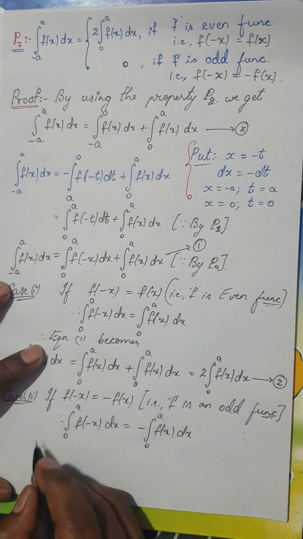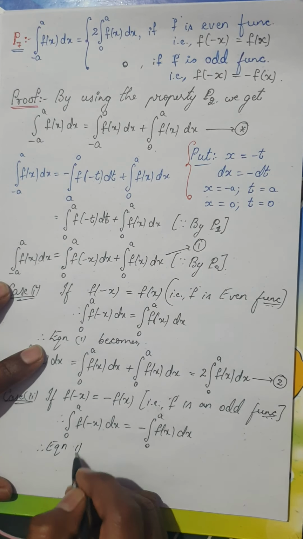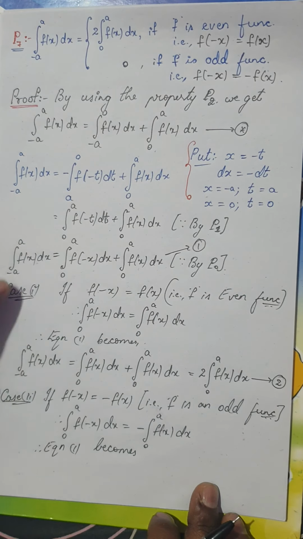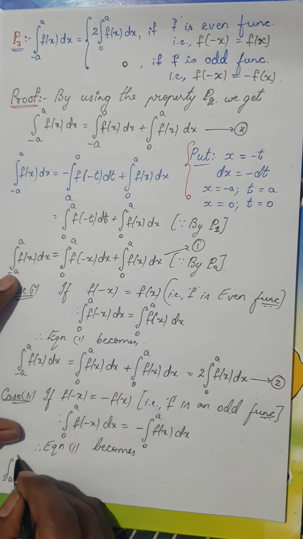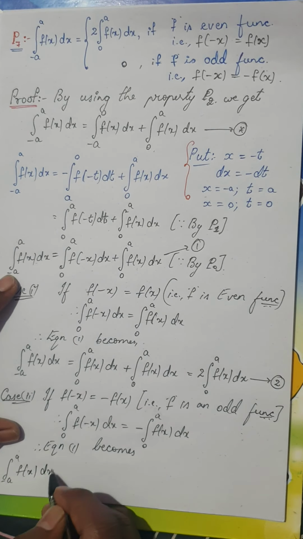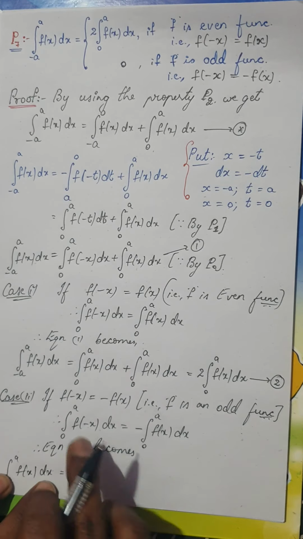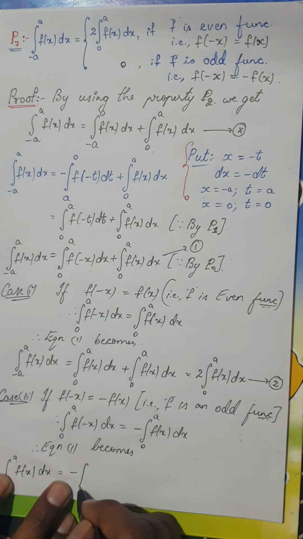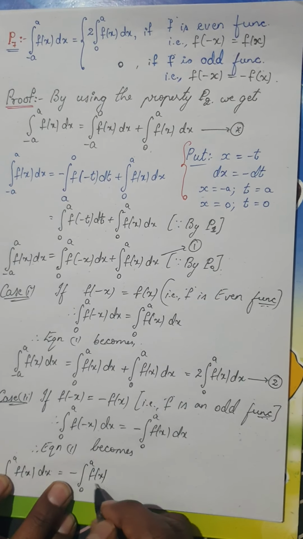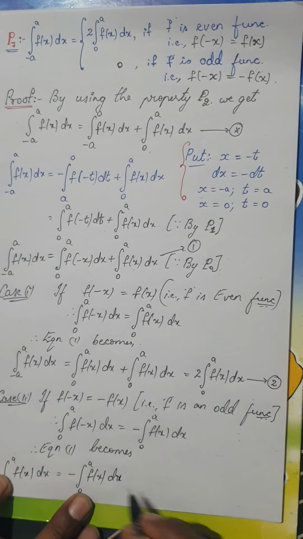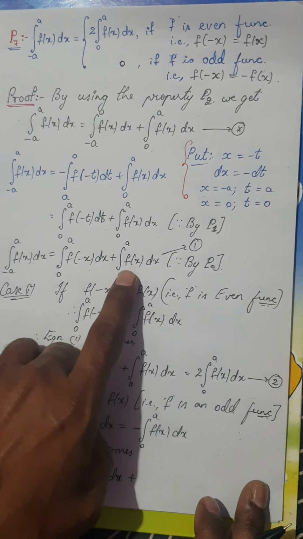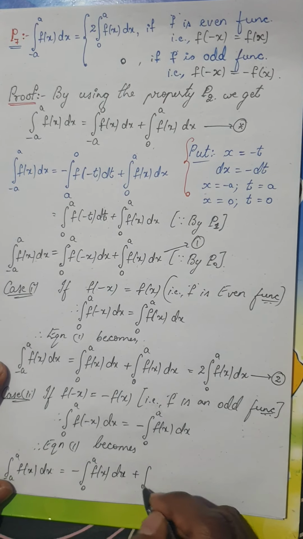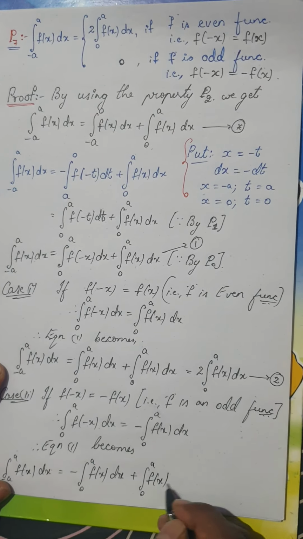Similarly, equation 1, the integral from minus a to a of f of x dx, can be written as the integral from 0 to a of f of minus x dx, which I am going to replace with minus the integral from 0 to a of f of x dx, plus another integral I have, which is 0 to a of f of x dx.